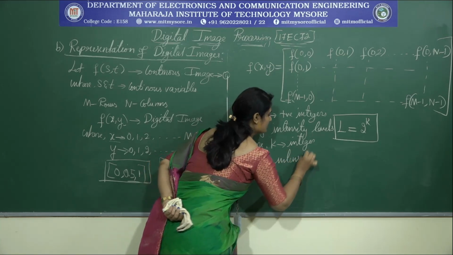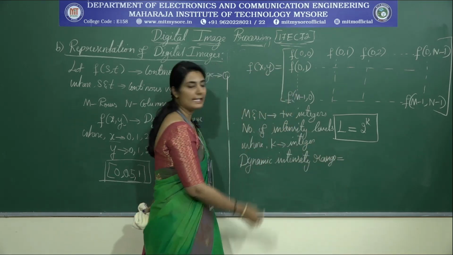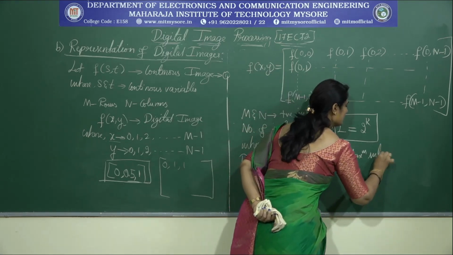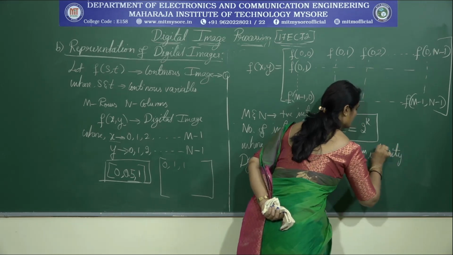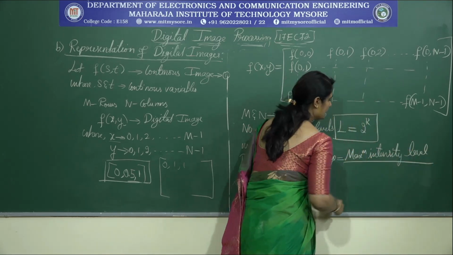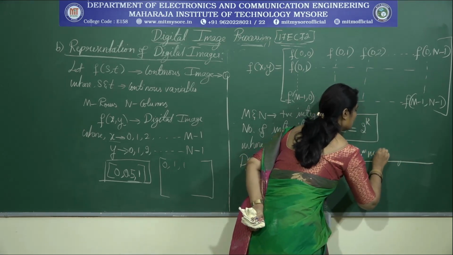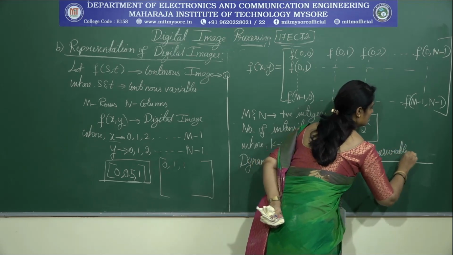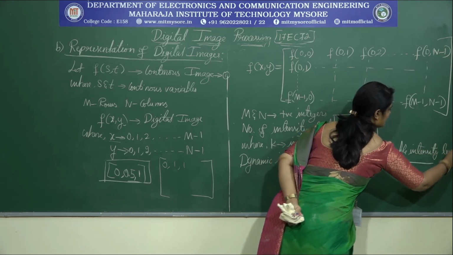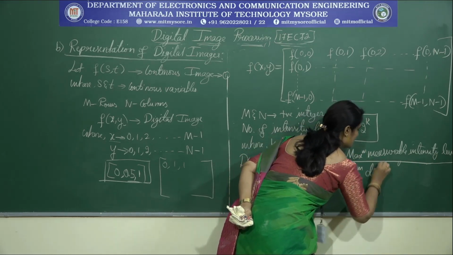Dynamic intensity range is the ratio of the maximum measurable intensity level to the minimum detectable intensity level.